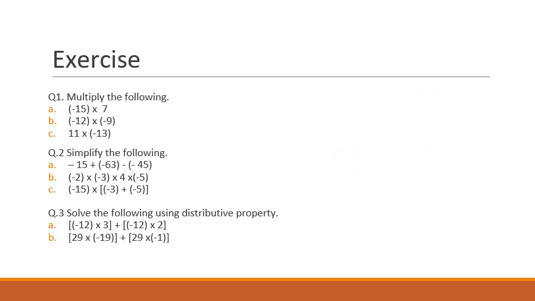I hope you have understood the multiplication of integers. Now you can solve these exercises with the help of the knowledge which we have gained in all these 3 sessions.